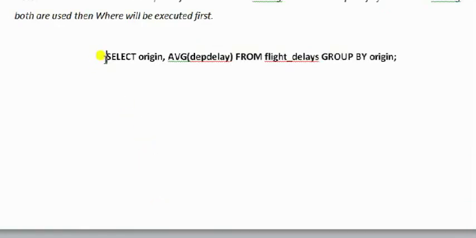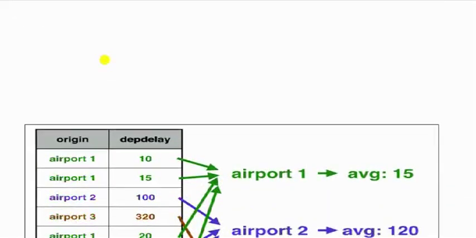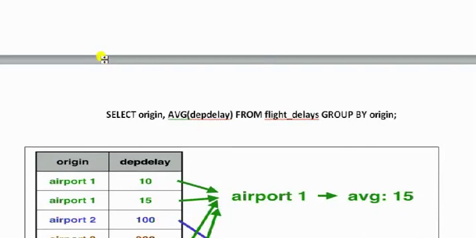This is the command: select origin, AVG of DEP delay from flight delays.